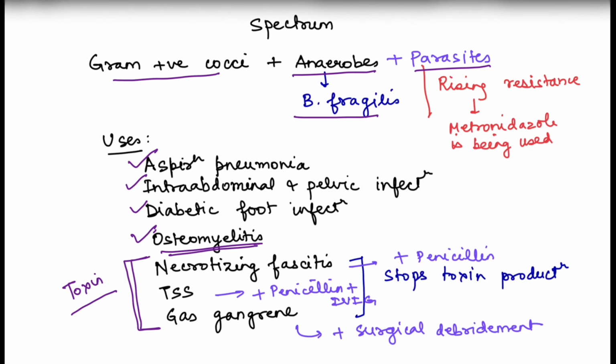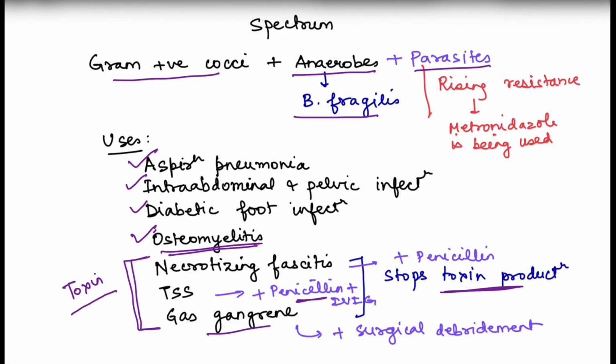So in these cases, clindamycin is used along with penicillin. Penicillin will act against the bacteria and clindamycin will stop toxin production. So one is a direct attack on the bacteria, and the second is directly preventing the toxin production. So both are required in these cases.